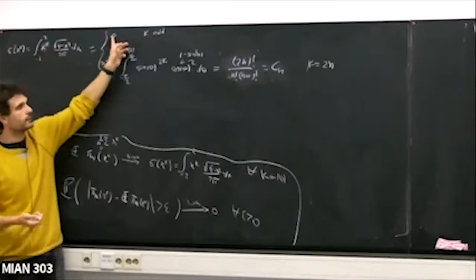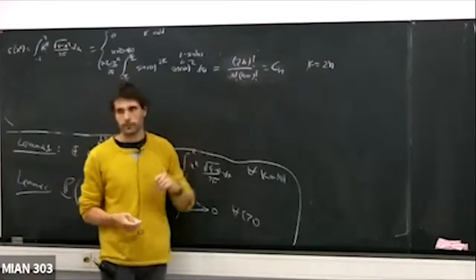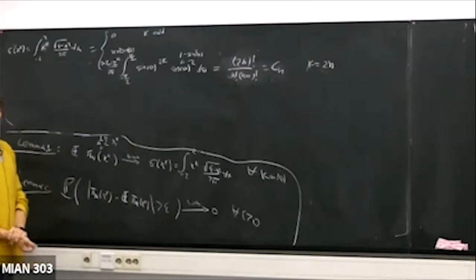If k is odd, it's 0. If k is even, let's write it as 2n, and the result is 2n factorial over n factorial times n plus 1 factorial, which we call Cn. Cn is a Catalan number. Yes, the Catalan number. That's why I remember this integral, of course.